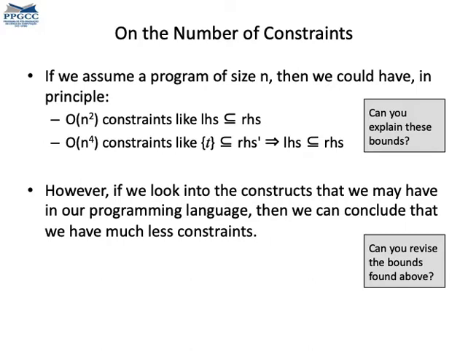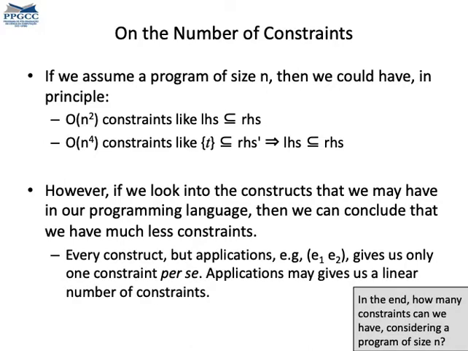Then we would have n times n 4 times, but that would never really happen. The worst case is much lower, actually. The only construct that generates more constraints are applications, if you remember. But applications generate a linear number of constraints. So if we have any applications in the program, then we could have n squared constraints. That would be the worst case.